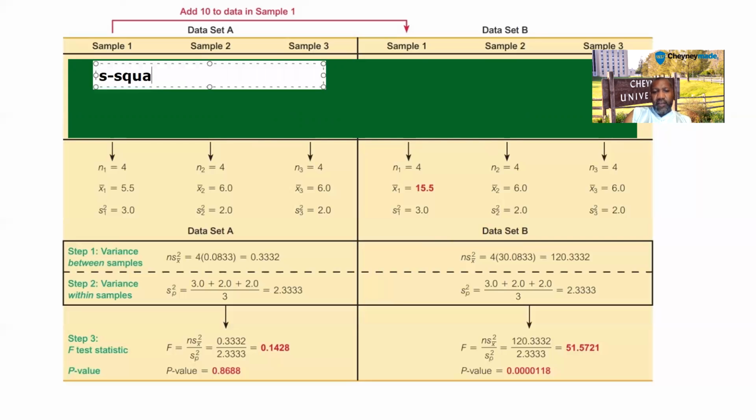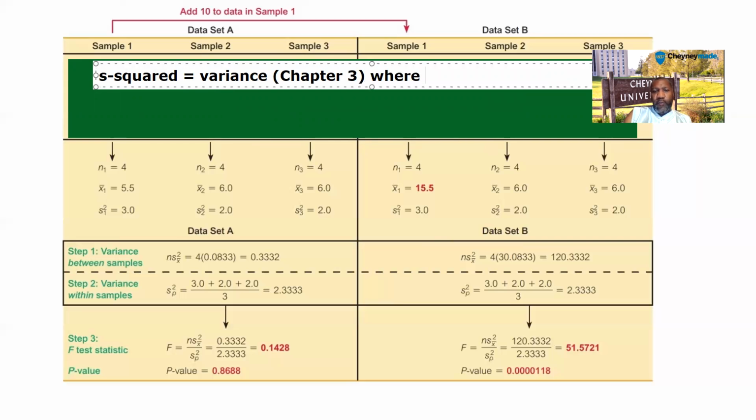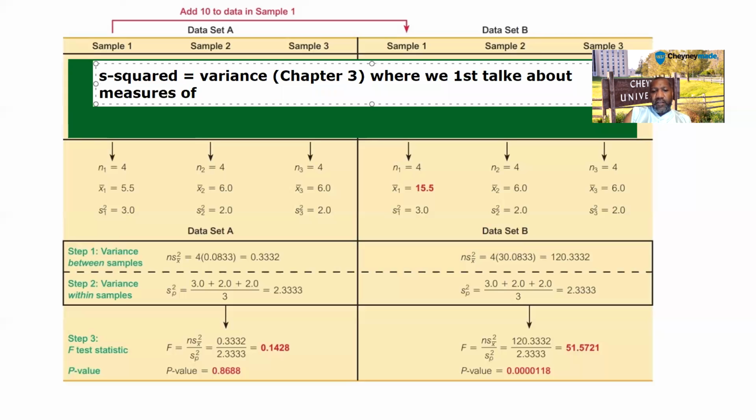S squared stands for the variance, right? Now this goes back to chapter 3, where we first talked about measures of variation, right? S squared.